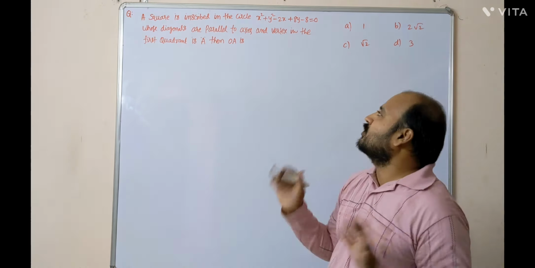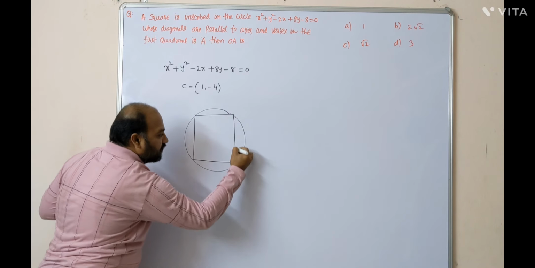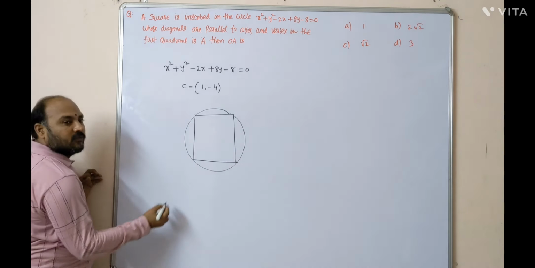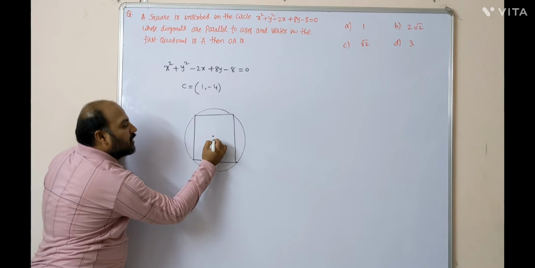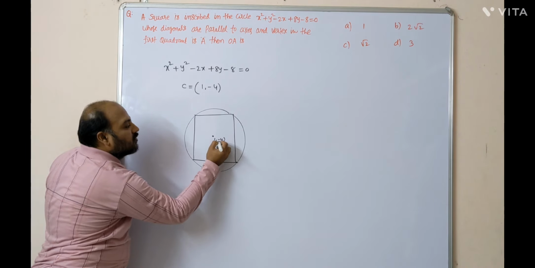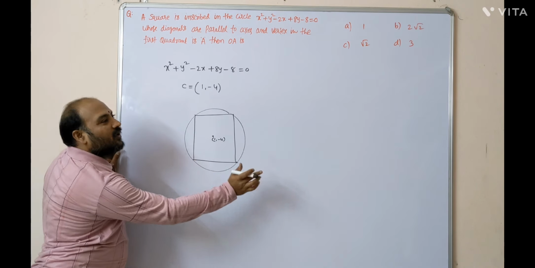So this is the circle equation. The center is what we got? 1 comma minus 4. Anyway, 1 comma minus 4 belongs to the fourth quadrant.